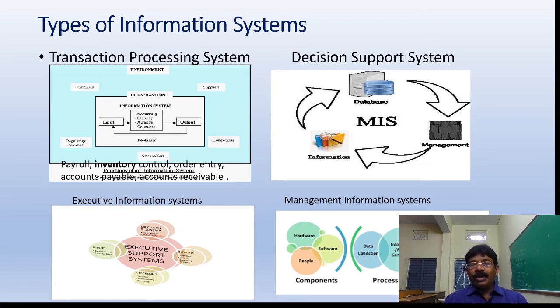So what will it do? It will take information and store it in a database, generate reports, and provide them to the management. Reports are provided to the management for decision making.